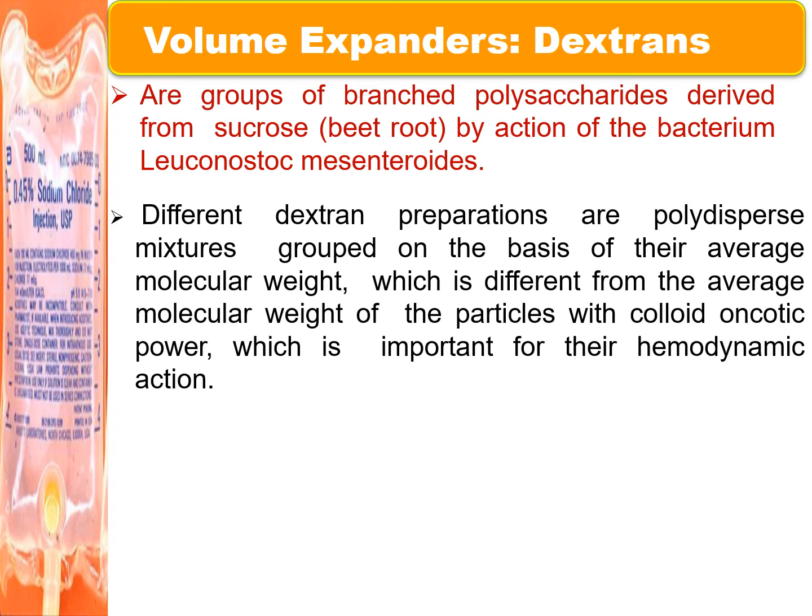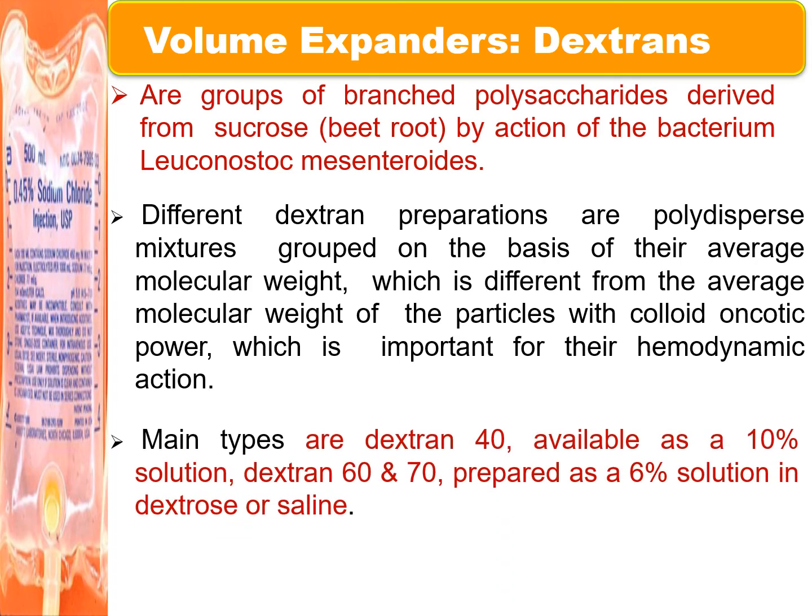The dextrans are preparations of polydisperse mixtures grouped on the basis of their average molecular weight, which is different from the average molecular weight of the particles with colloid oncotic power, which is important for their hemodynamic action.